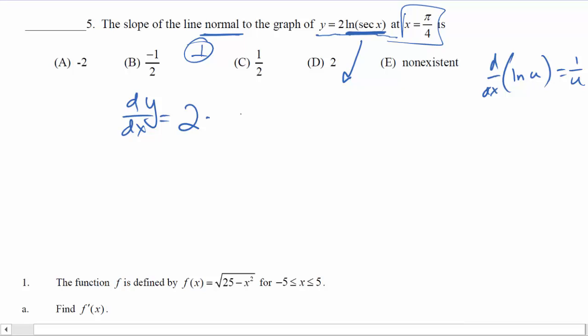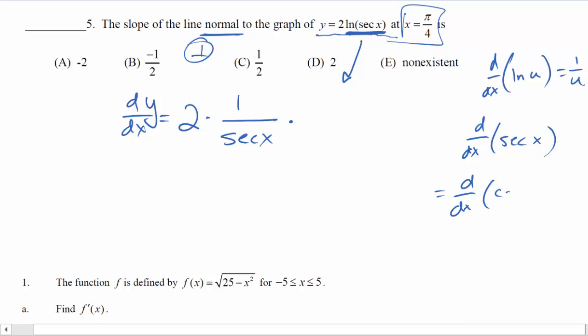So I'm going to write 1 over secant of x times, but now I need the derivative of secant, and this is where things get difficult. What is the derivative of secant of x? Well, I don't like secant. I like sine, cosine, and tangent, and I know that secant is the same thing as 1 over cosine of x.